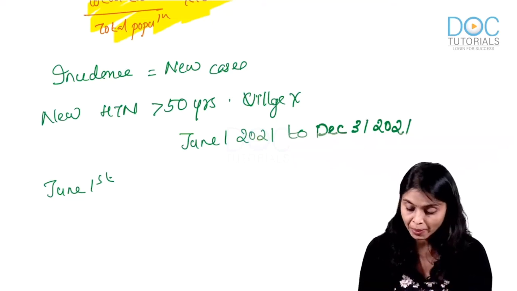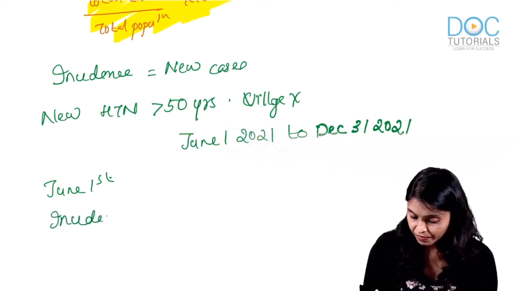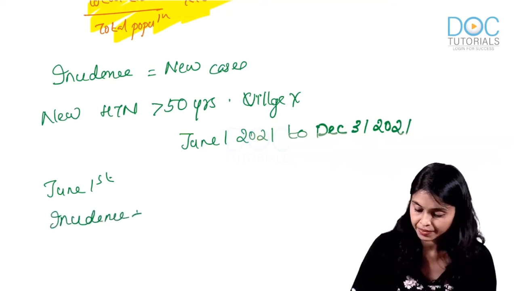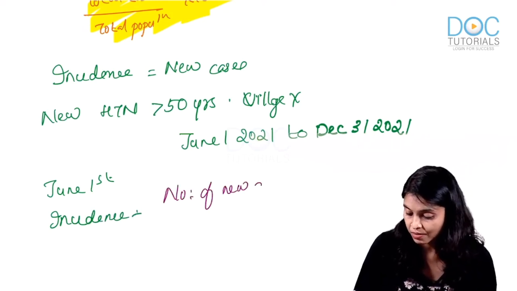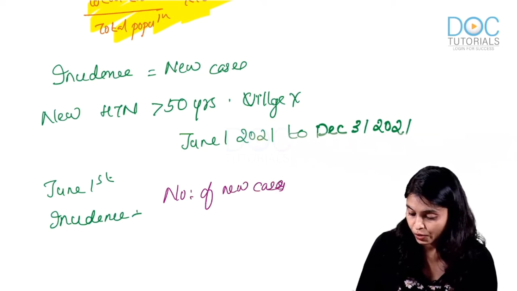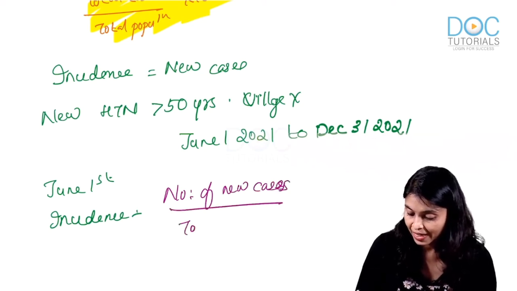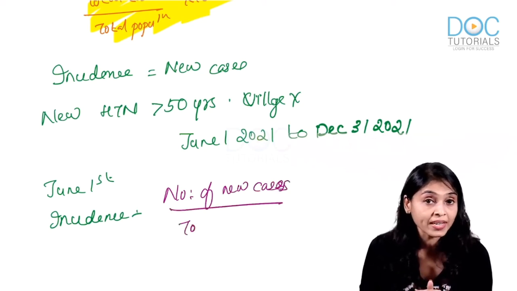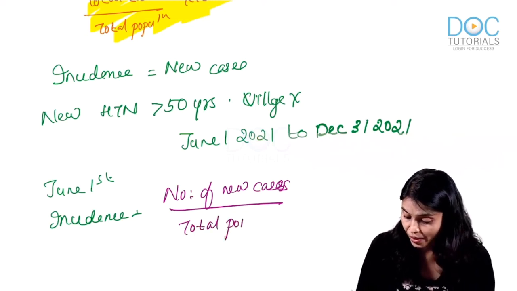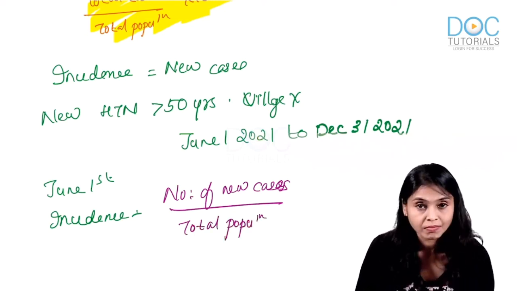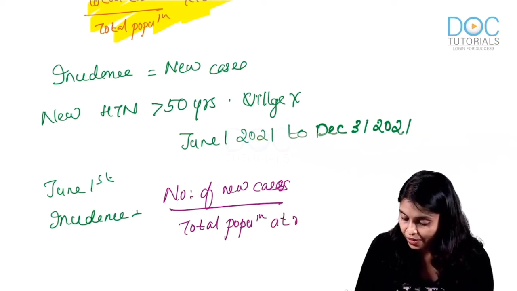So what will be the formula of incidence? The formula is number of new cases divided by, what do you have in the denominator? It is not total population, but total population at risk.